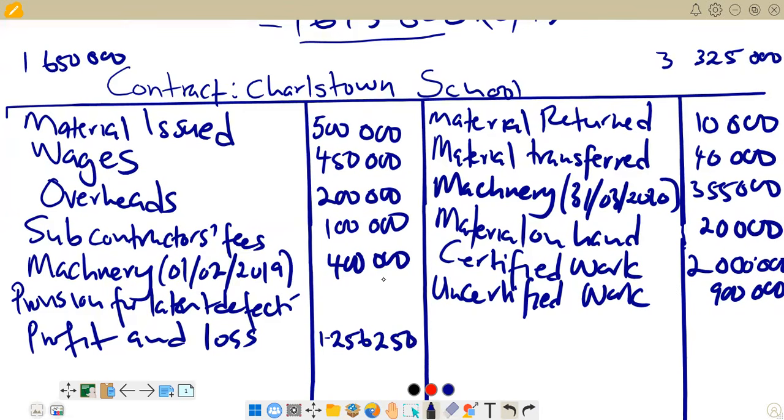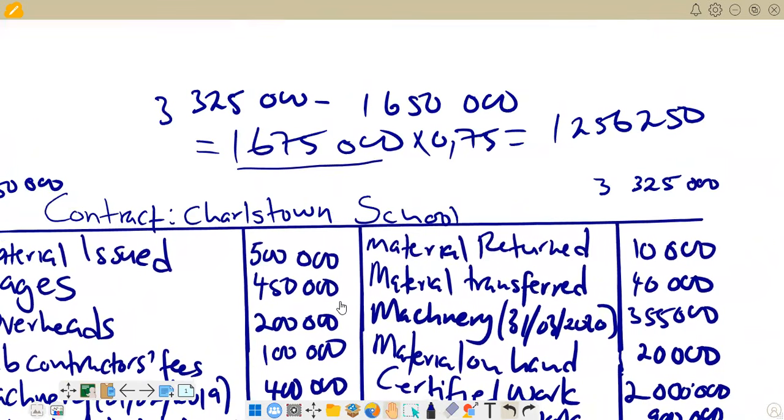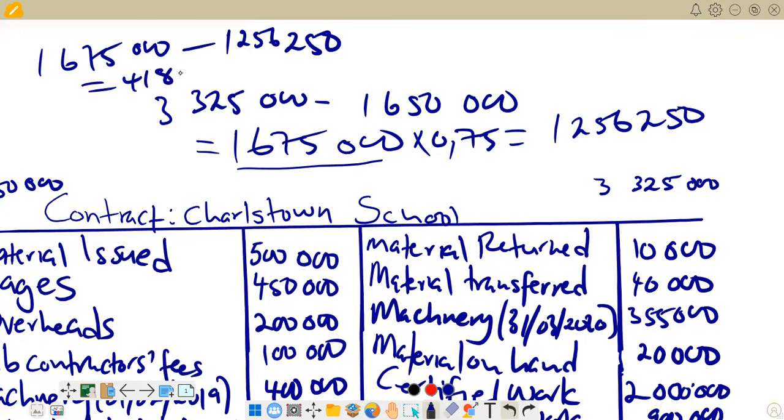So you make a subtraction: 1,675,000, then you subtract the one that is going to the profit and loss, 1,256,250. You are going to get 418,750. This is now the provision for latent defects.